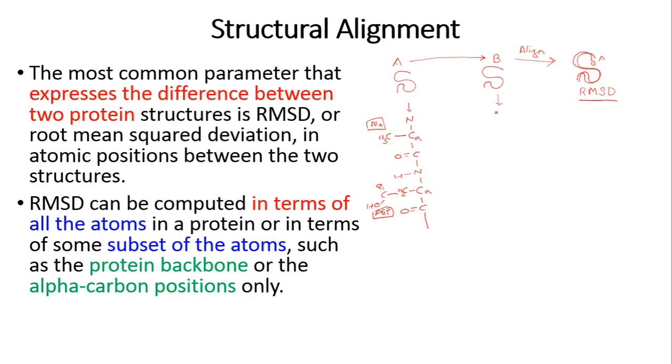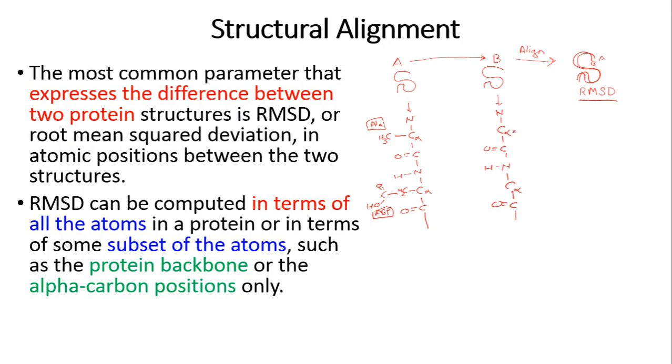Similarly in protein B we have this C alpha, then again CO, then NH, then again a C alpha carbon atom, then CO, and this would continue.